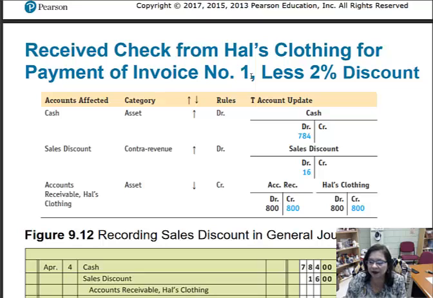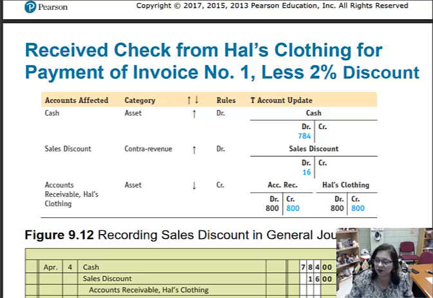The amount of money that we're getting is cash of $784. That's the 2%: the sales discount is $16, because he paid early. Remember, he owed you this amount.